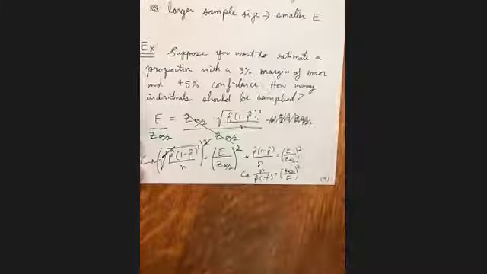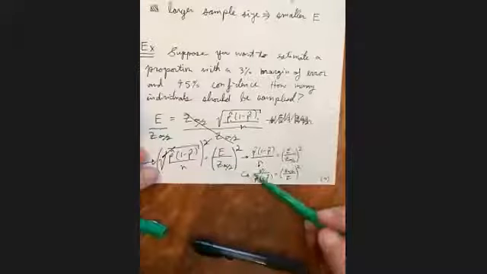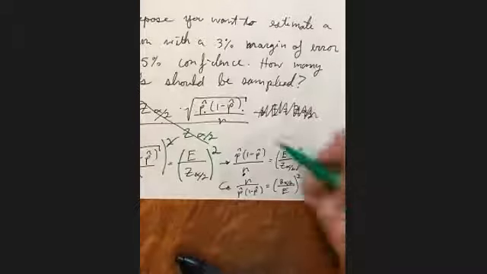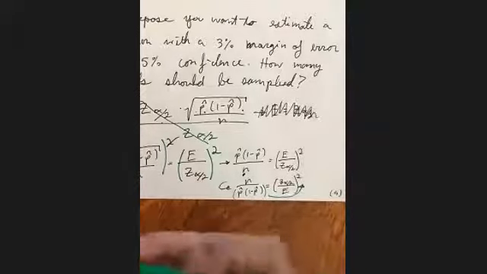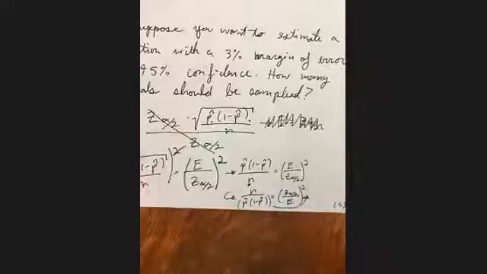All we need to do now is take the denominator and move it up. So just take everything in the denominator and bring it up to the other side. You can follow along.